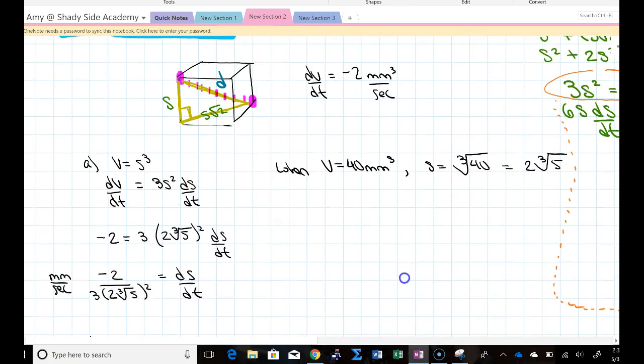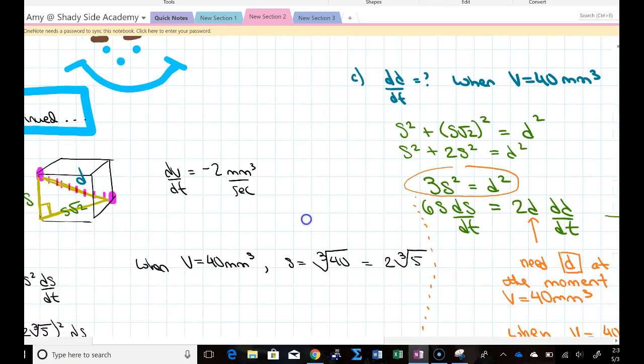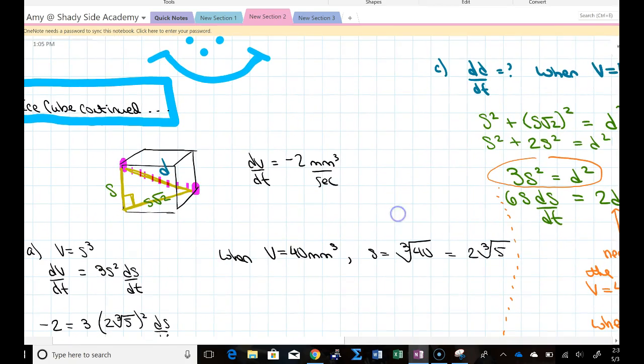Part C was talking about the diagonal of the cube, and so what I first talked about here in class, I think Thomas said this, the diagonal of the cube is from the front top corner, if you will, to the bottom back corner. I called that D. This length here is still S. This length here, that's S root 2, and you may have to remember 45-45-90 triangles.